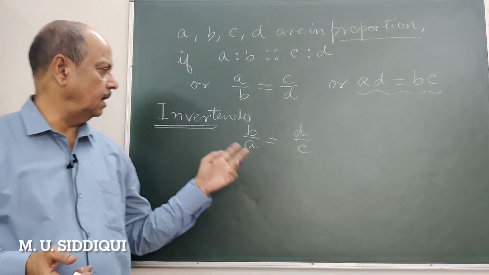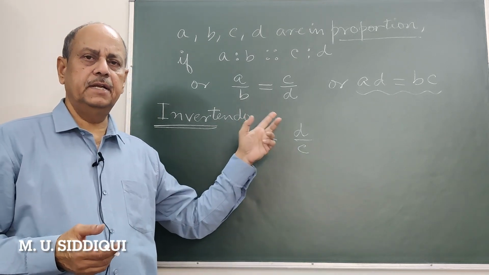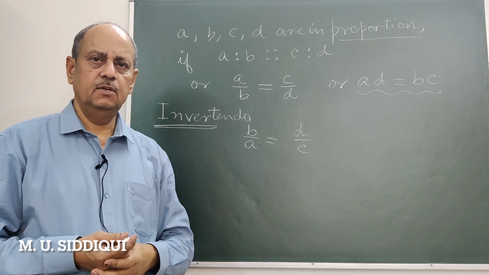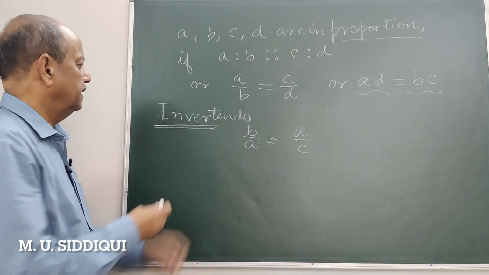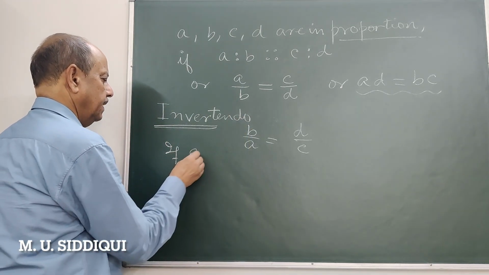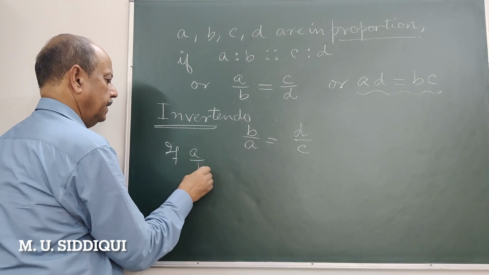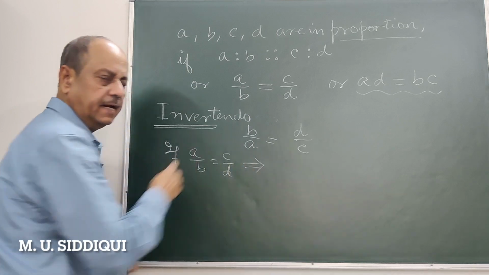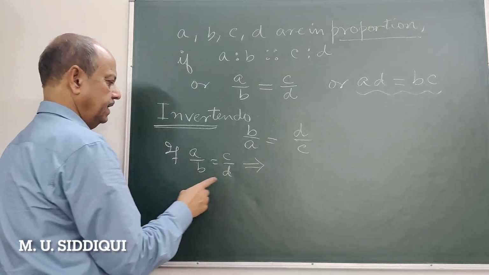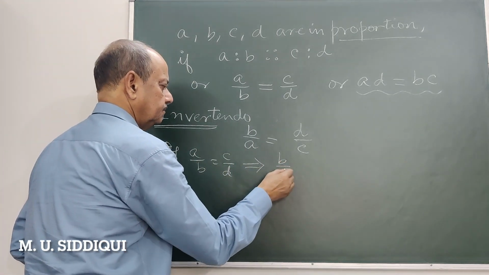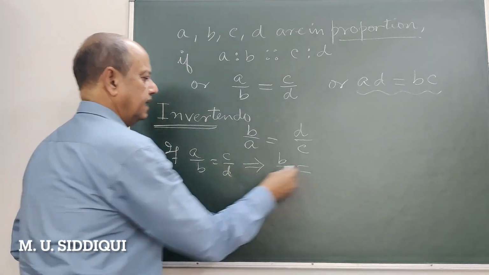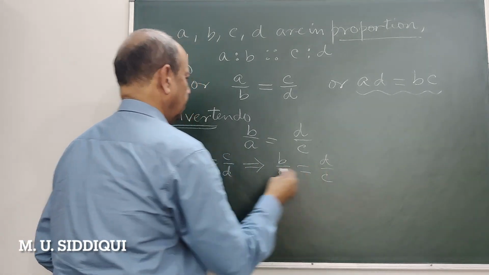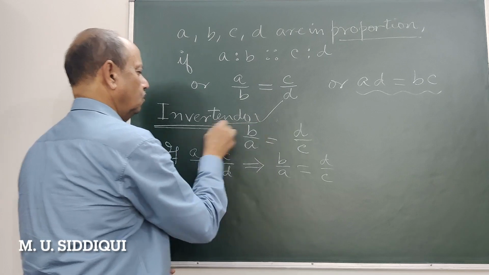That is, this allows you to invert the ratio on both the sides. So what do you conclude? If A upon B is equal to C upon D, this is equivalent to saying that B upon A equal to D upon C. This is what you call invertendo.